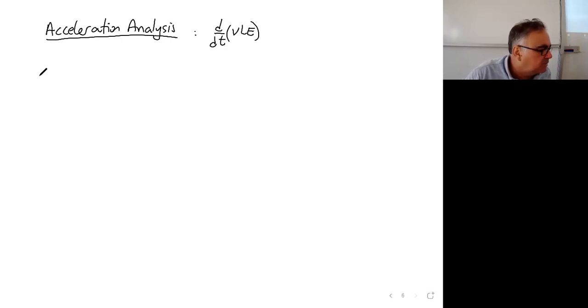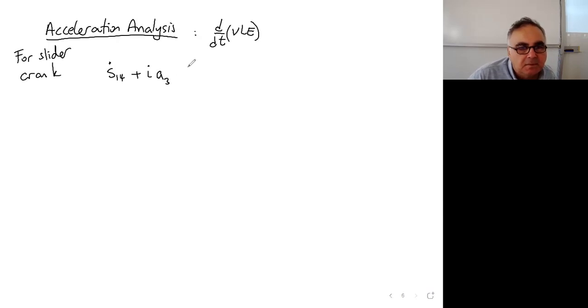Remember the velocity loop equation for the slider crank again. The equation was, what was it? S14 dot plus RA3 theta 13 e to the I theta 13 was equal to IA2.